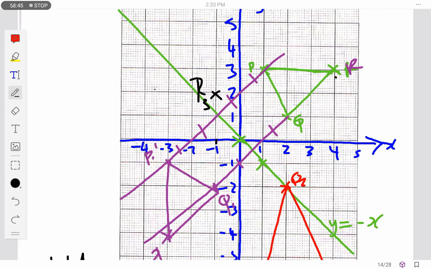So for x it's minus 5, for y it's minus 1. So this is the translation vector.